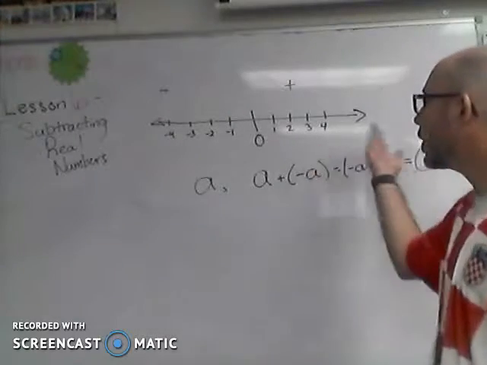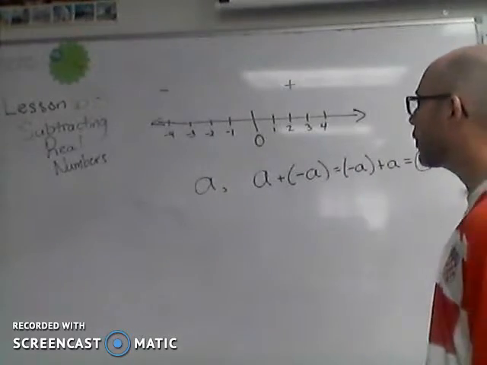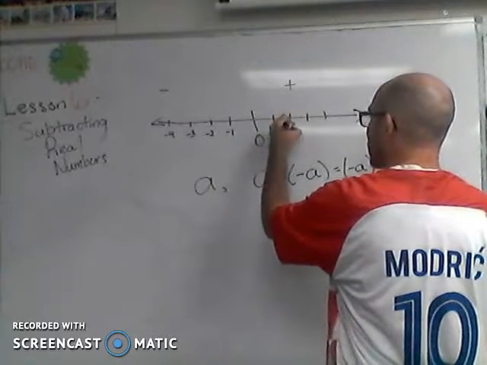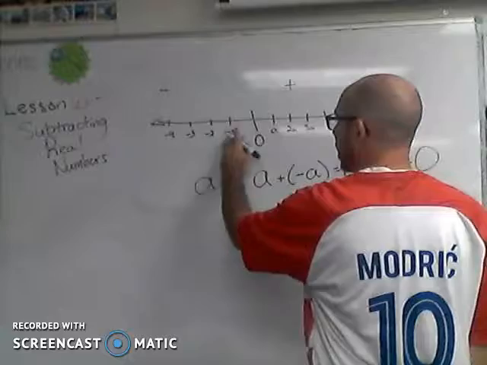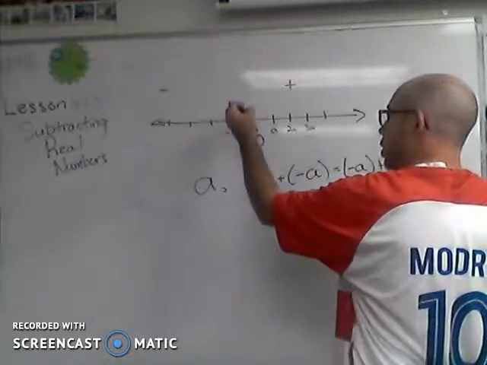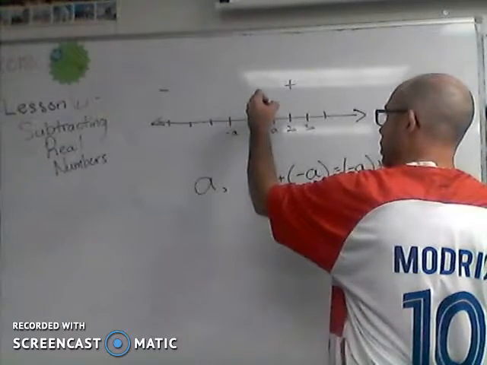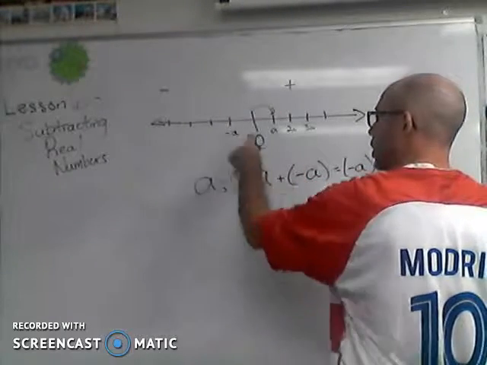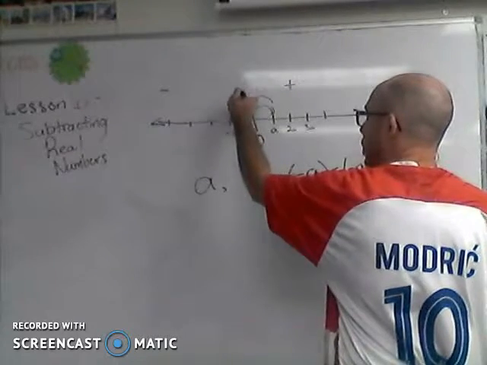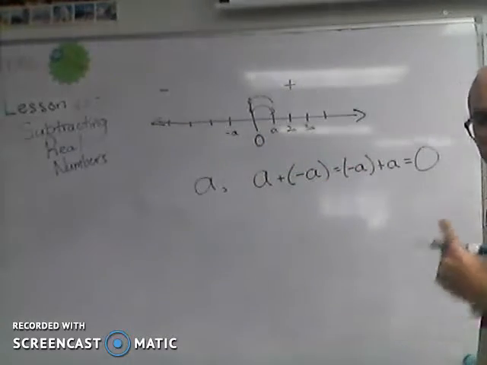Now think about that in terms of what we've got up here. If we didn't have these numbers and we just had A and twice A and 3 times A, over here we'd have the opposite of A. If I take A and add to it how far we'd have to go for negative A, we end up right back here at 0.